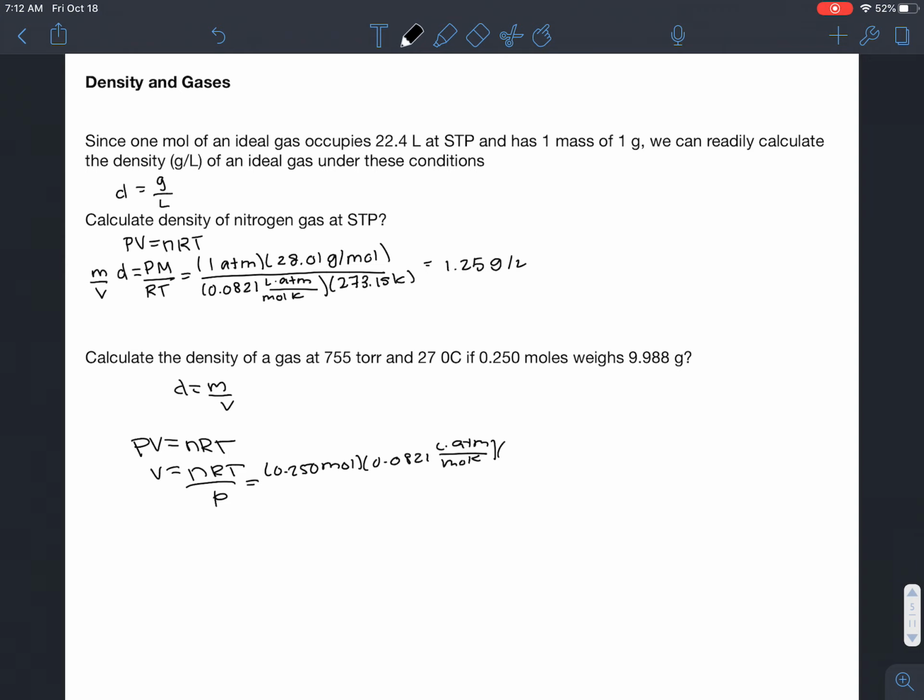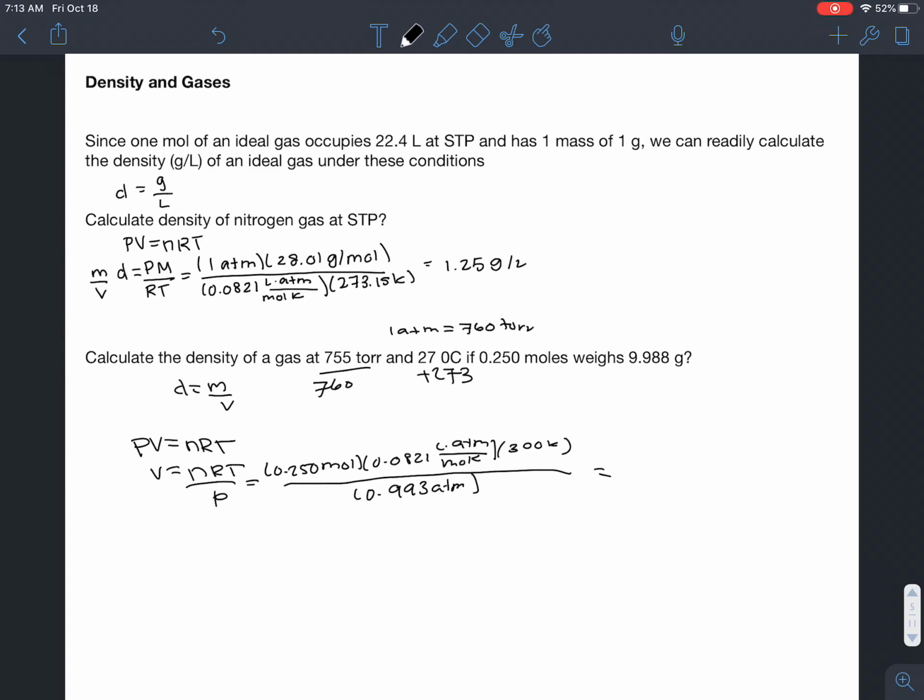Your temperature is 27 degrees Celsius plus 273, which gives you 300 Kelvin. And then your pressure, you divide by 760 since 1 atm is equal to 760 torr, which gives you 0.993 atm.